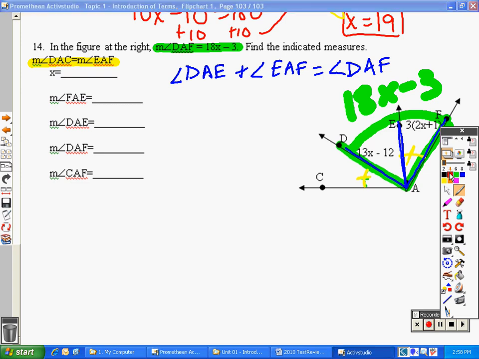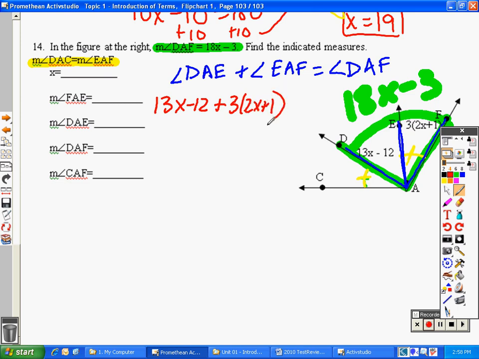I'm going to substitute in what we have for each. DAE, based on the diagram, is 13x minus 12. EAF, based on the diagram, is 3 times 2x plus 1. And DAF, we were told in the equation, is 18x minus 3.